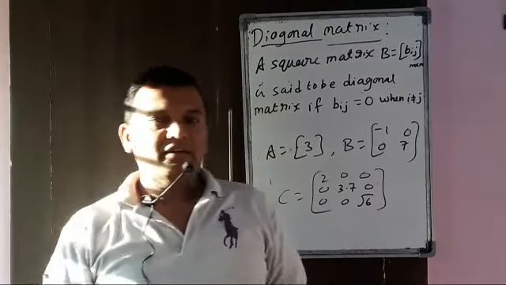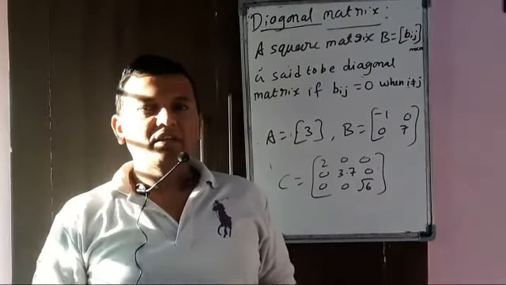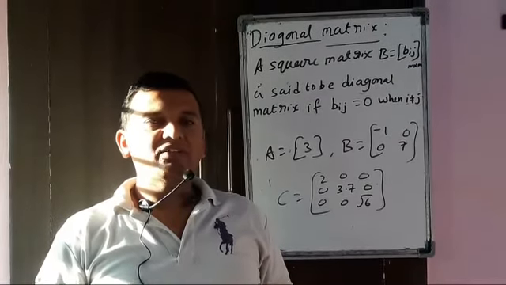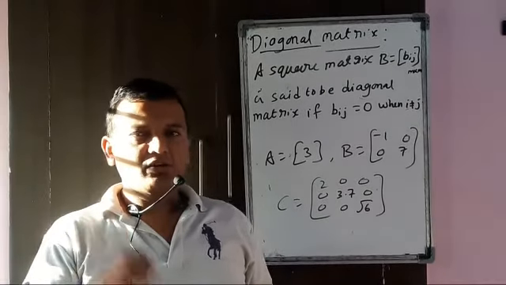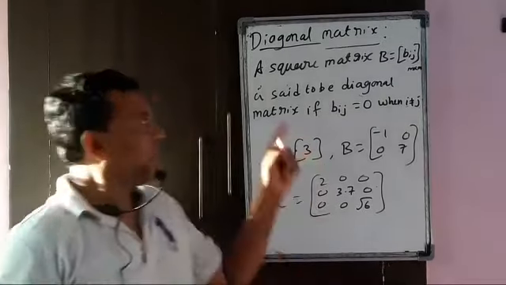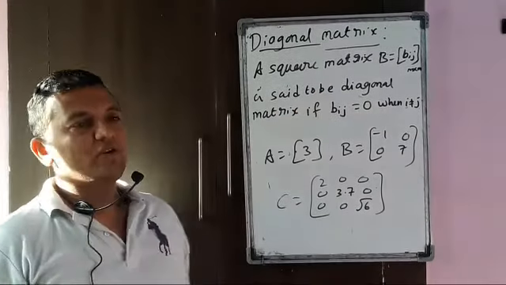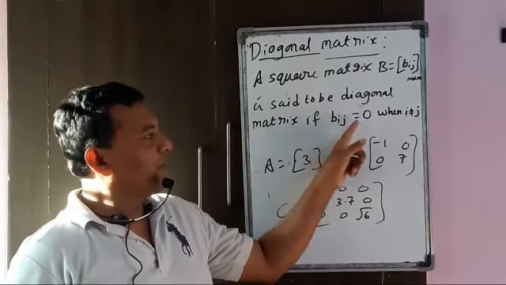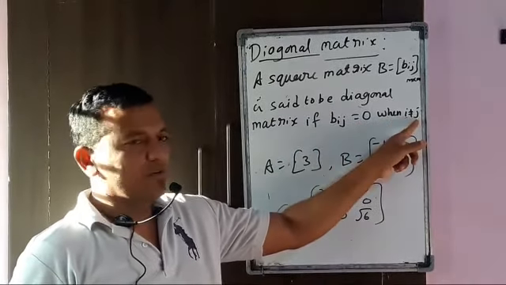A diagonal matrix definition is: a square matrix is said to be a diagonal matrix if its non-diagonal elements are 0. Or it can also be said like this: a square matrix B equal to Bij is said to be a diagonal matrix if Bij is equal to 0 when i is not equal to j.